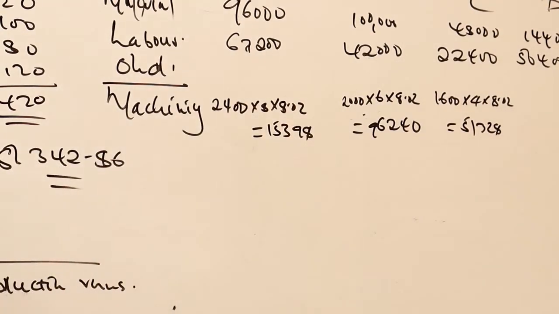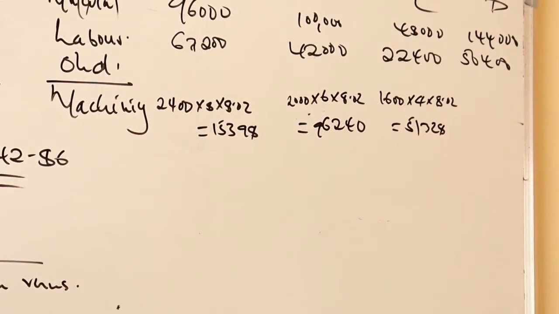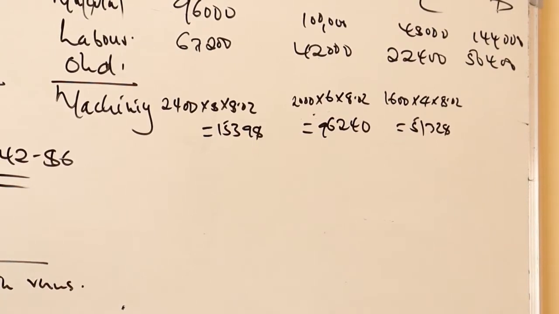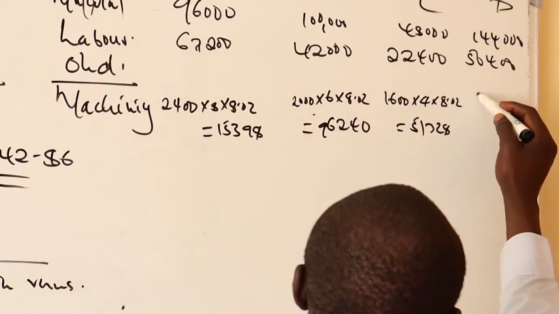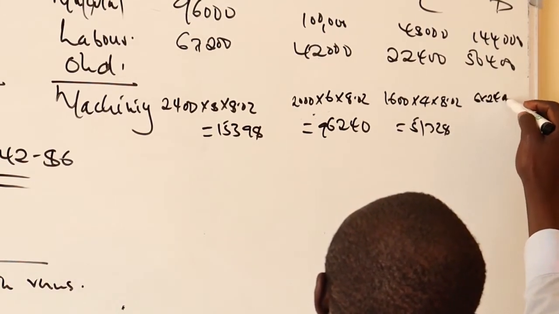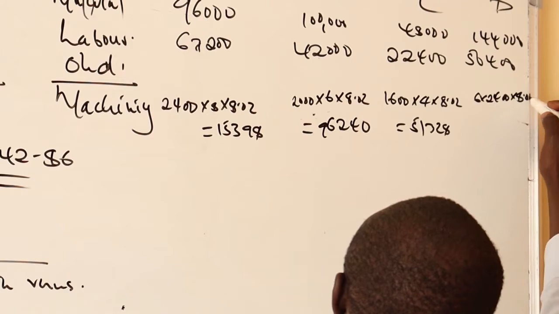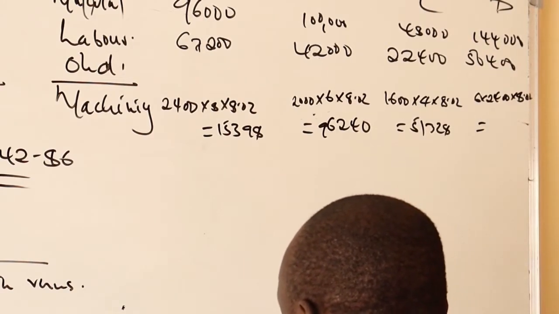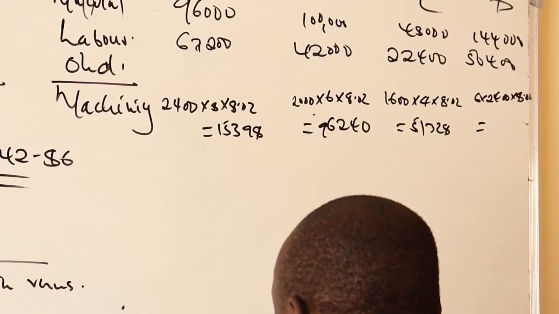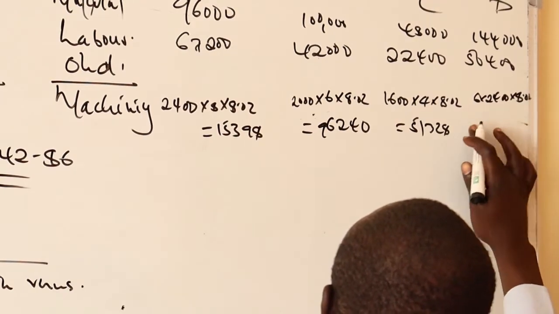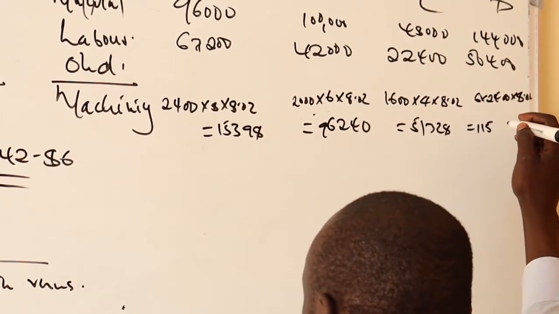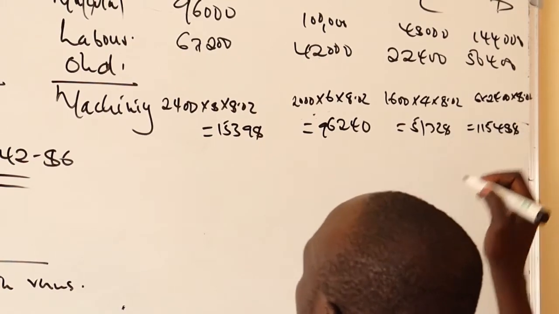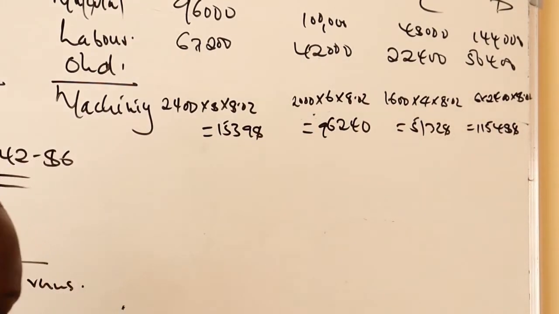And lastly, for machining, we have product D. Total machine hours is 6 times 2,400. So 6 times 2,400 times 8.02 gives us 115,488. So that is it for the machining activity.